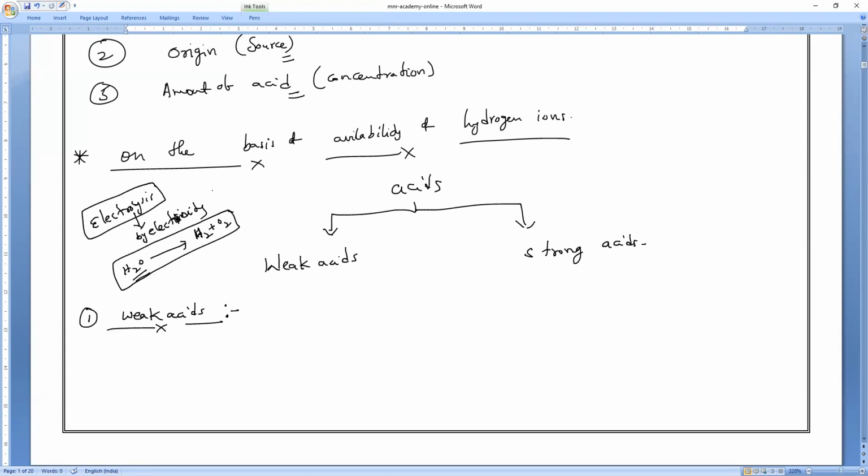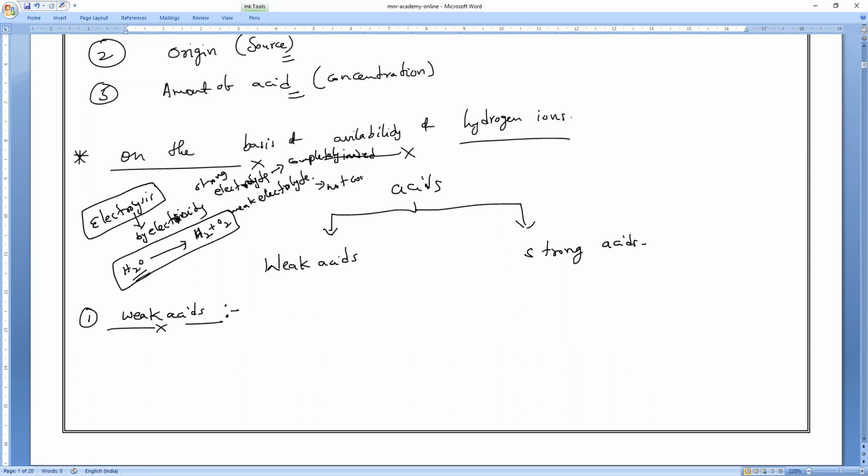I have taught you strong electrolytes and weak electrolytes. Remember? Strong electrolyte means it will split into ions completely, completely ionized.